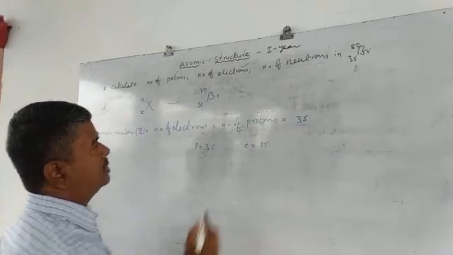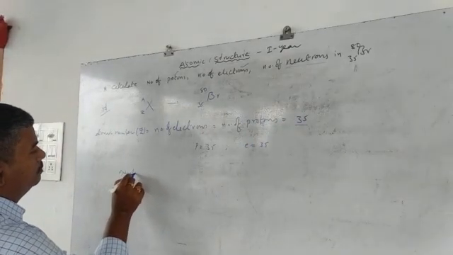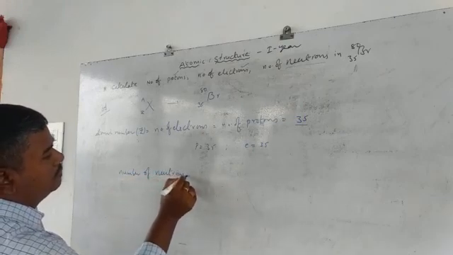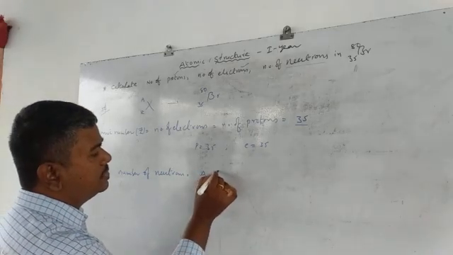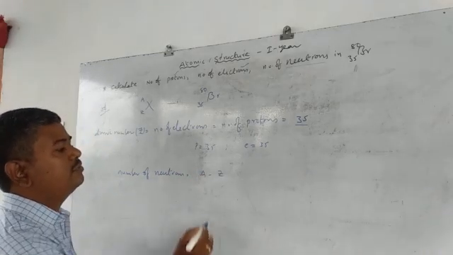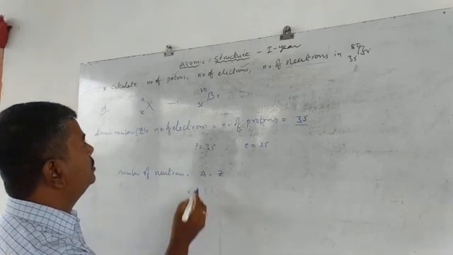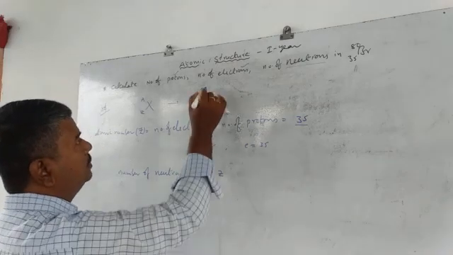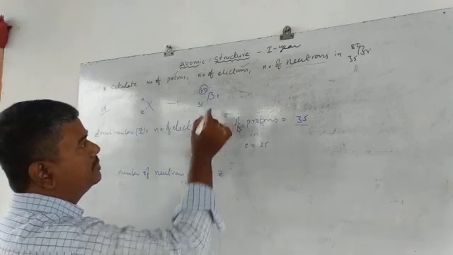Number of neutrons. Number of neutrons equals, already we have the formula, which one? A minus Z. A means which one? Mass number. Z means atomic number. So A how much? 80. This one is A. And Z means how much?